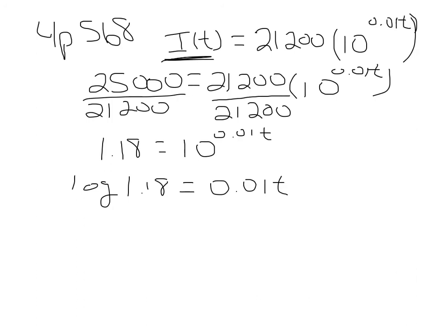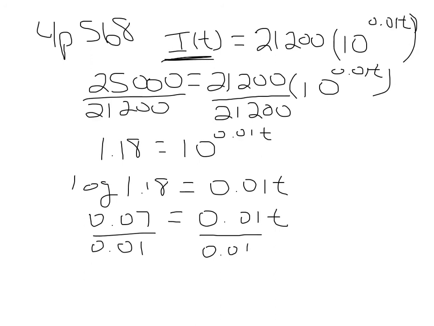Log of 1.18, which is 0.07, is equal to the exponent. That is 0.01 times t, so to get rid of that, I would divide by 0.01. 0.07 divided by 0.01 is 7. So 7 years after 2008.